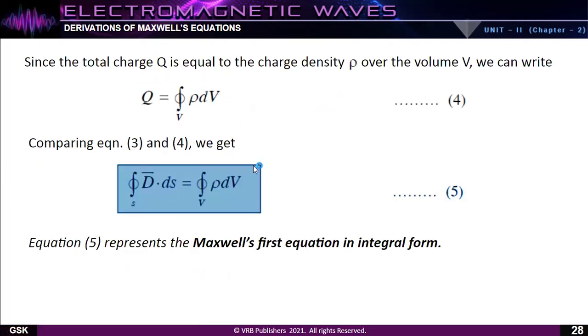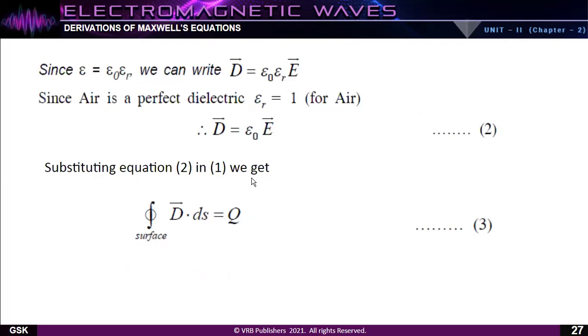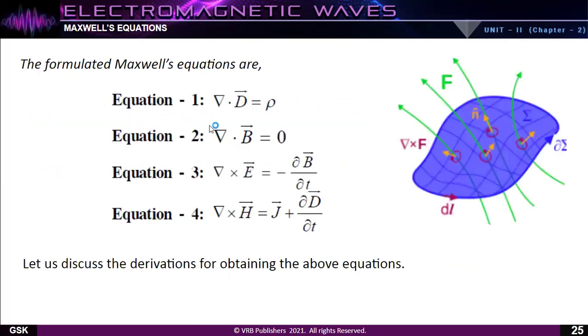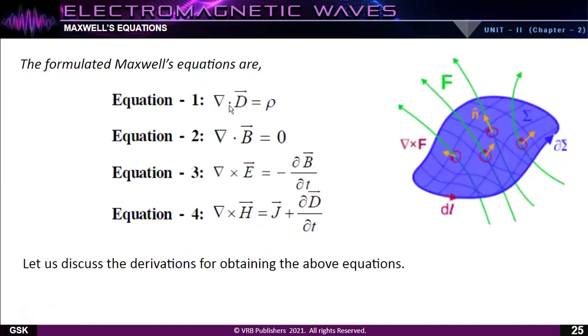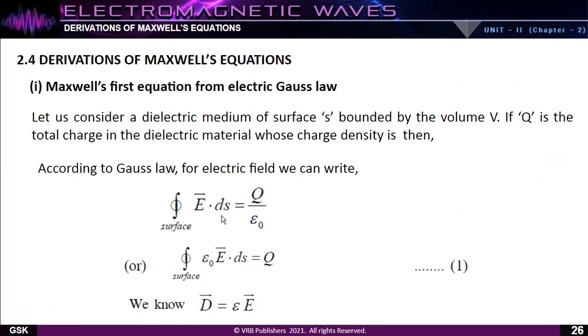Then we have to get our Maxwell equation. From this, del dot D is equal to rho can be derived from the Gauss law of the electric field. So on the left hand side, this was converted to D. From where? Here we have E dot ds.